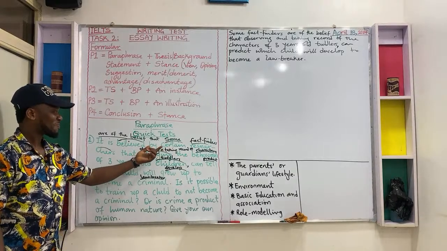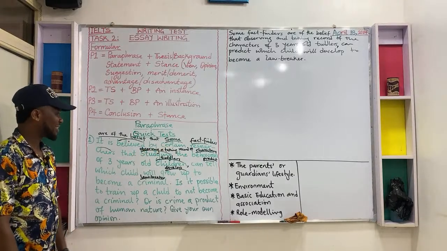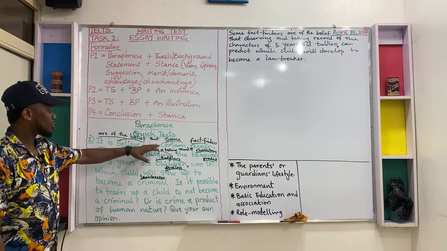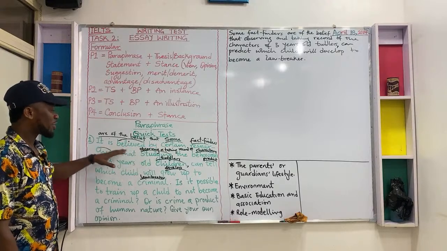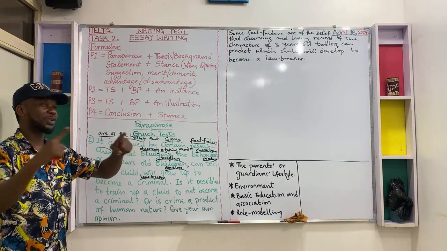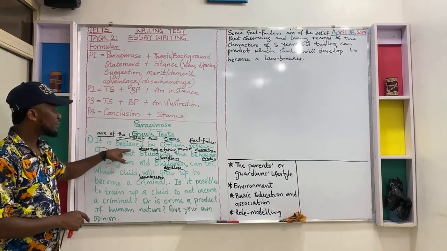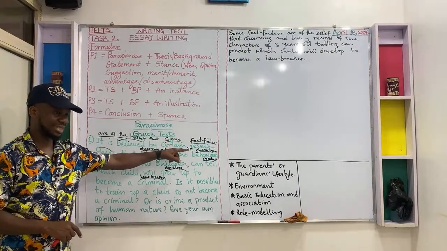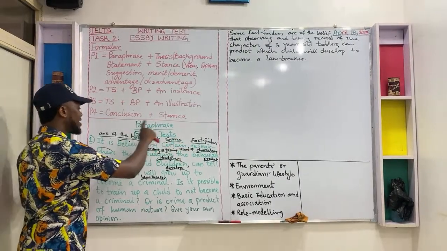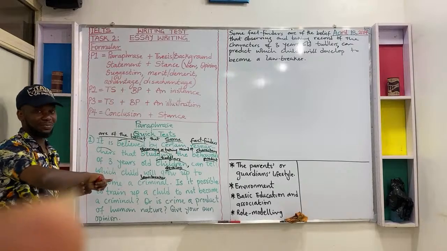Now let's come to this point. Yesterday, according to Mr. David, what I have just done here is not much of crossing per se. Look at it. It says it is believed by certain researchers, and I said certain researchers are of the belief.